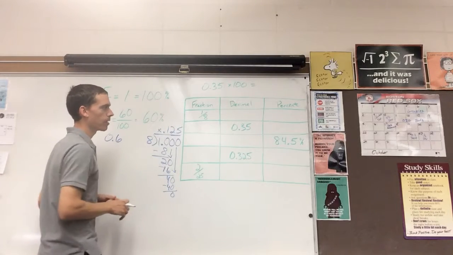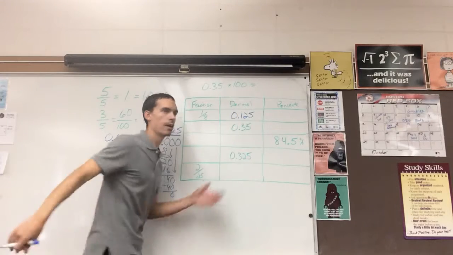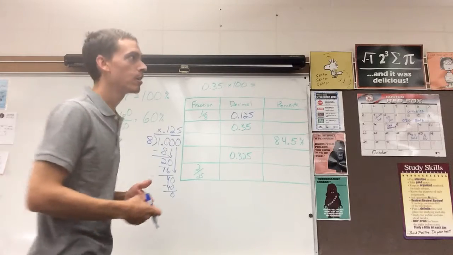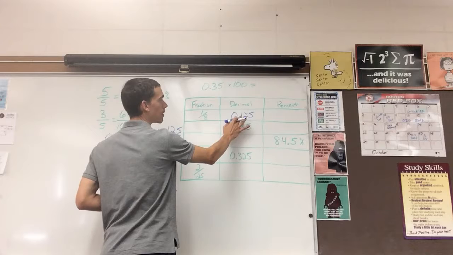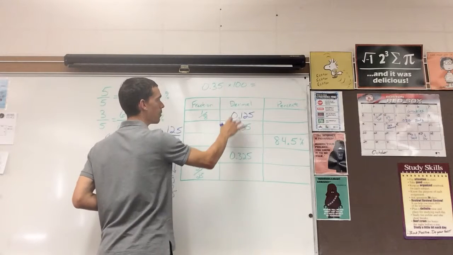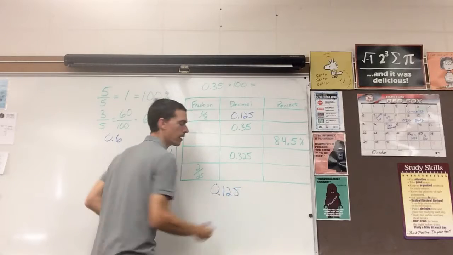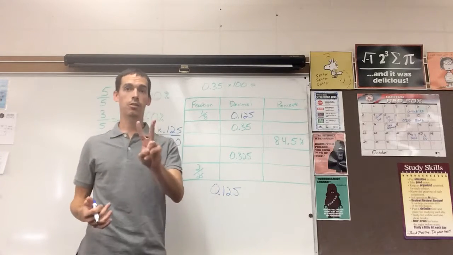So 0.125, it's less than 1. We get 0.125. But as a percent, what do we do? Every percent is out of 100. So we want to multiply by 100. If we have 0.125, the easiest way I can tell you guys is that it's out of 100, and 100 has 2 zeros.